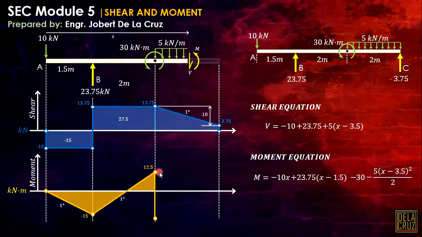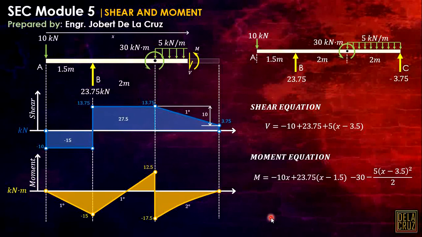So from 12.5 minus 30, then it will give an abrupt change. Then it will give us negative 17.5. No? Then after this one, this is our moment diagram from this segment. Ibabalik niya sa 0 using this equation. Substituting 5.5 on x, then ibabalik niya yan sa 0.